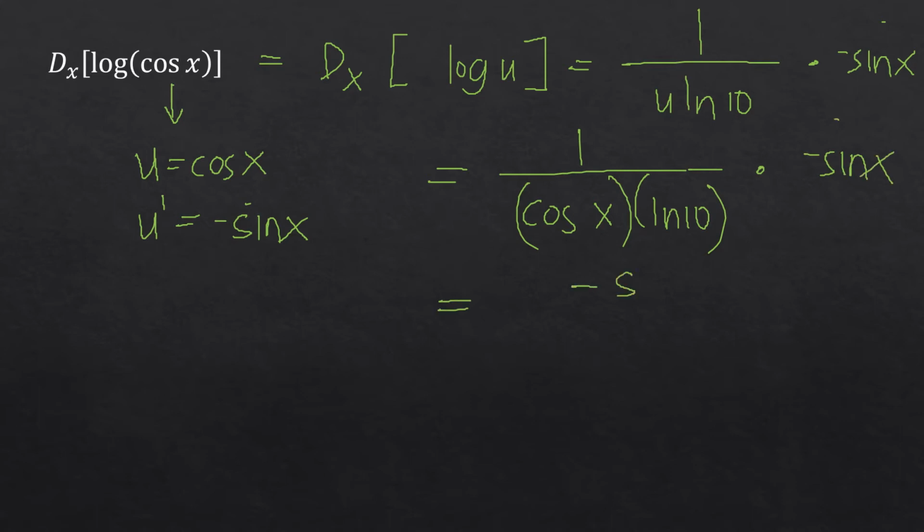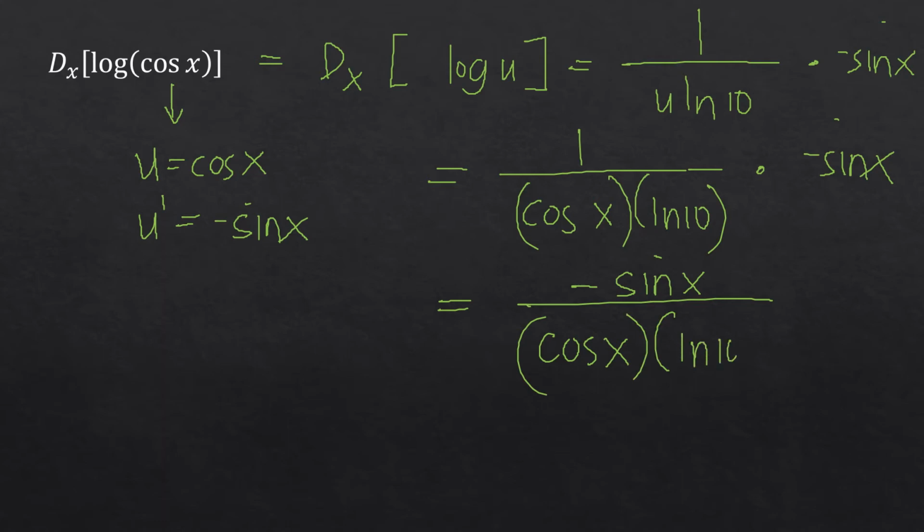So multiply, so we have negative sine x over cosine x times ln of 10. So we can factor that out, so we have negative sine x over cosine x times 1 over ln of 10.